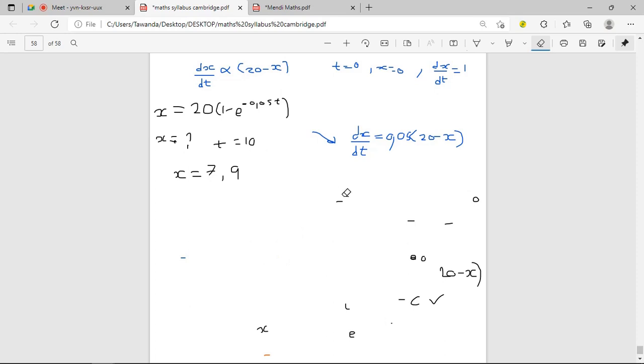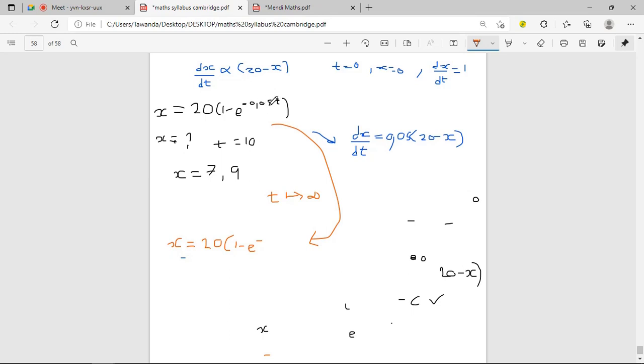Right. As t becomes very large, we said t approaches infinity. So if t approaches infinity, we want to find the value of x. Let's go and substitute into our original equation. x is equal to 20, open bracket, 1 minus e to the power of negative infinity, because infinity is a very, very big number.